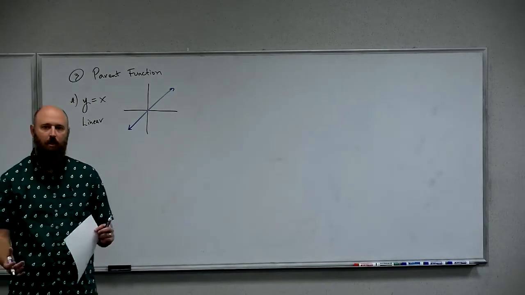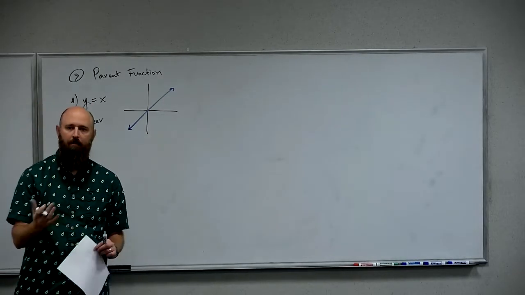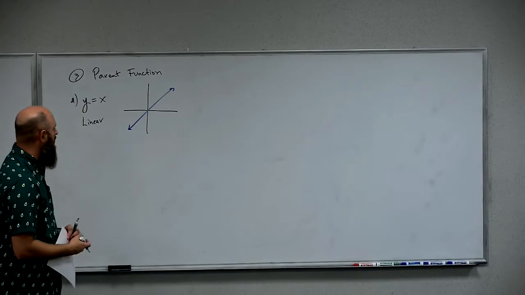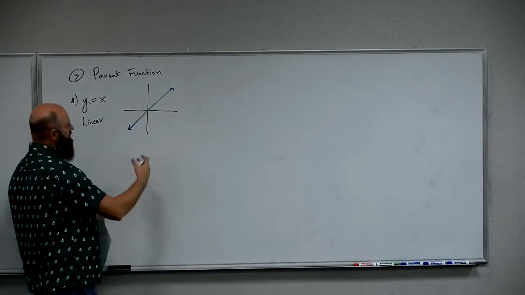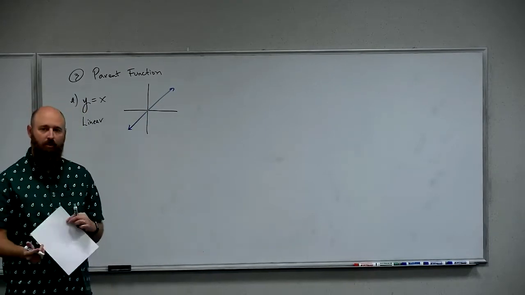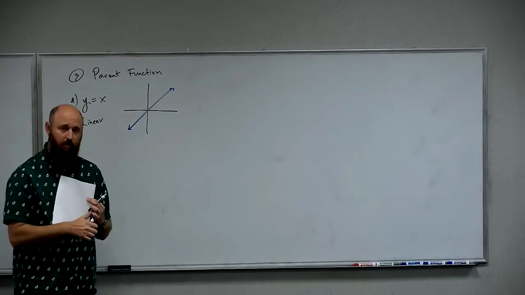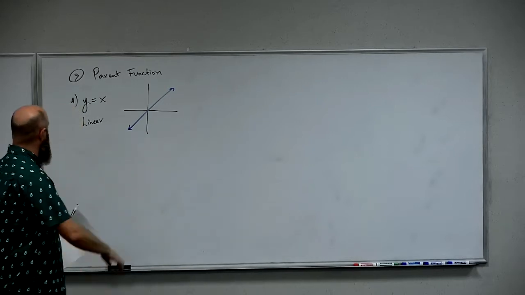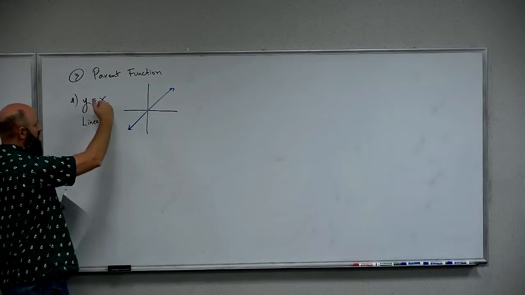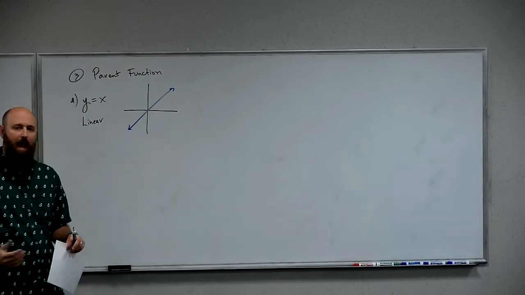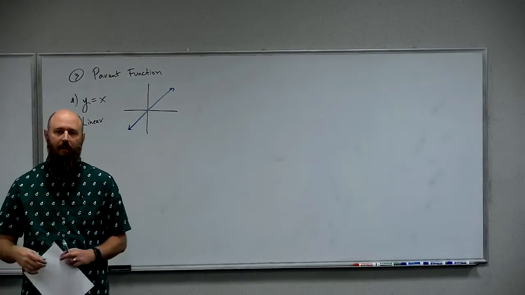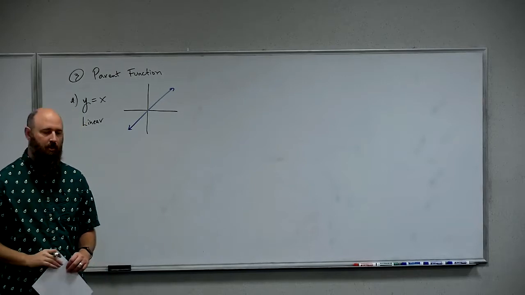It has some type of slope to it. It may be turned, it may be flat, different things like that. But it has this straight line, no curve shape. Okay. And so if we see just a y and x, there may be numbers added or multiplied, but no powers and no other symbols in there, then we know that it's going to be a straight line.